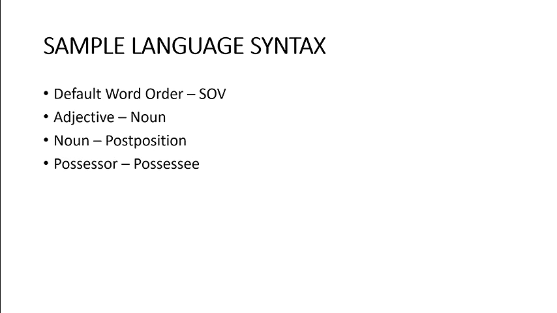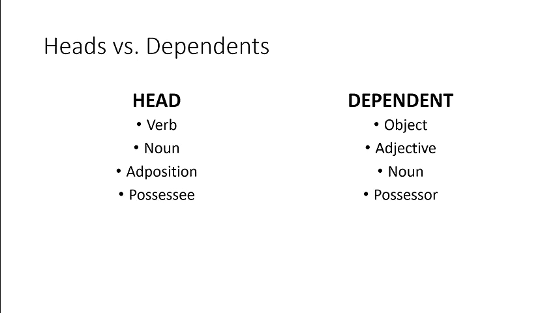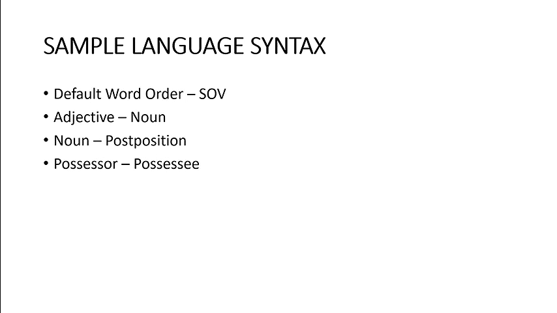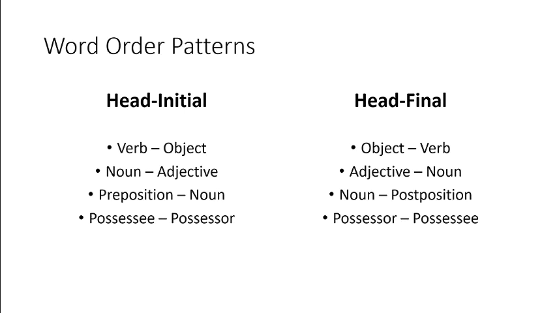Notice that in our word order, all the heads in every instance come after their dependents, and therefore our language is exclusively head final. While it's very common for a language to follow these patterns exactly, it doesn't have to. Just take a look at English.